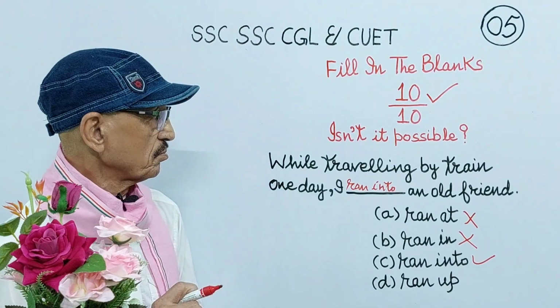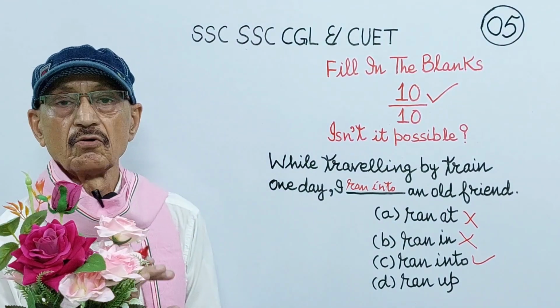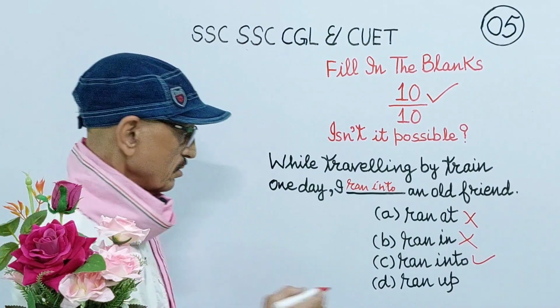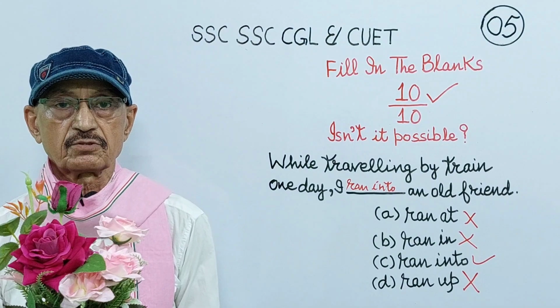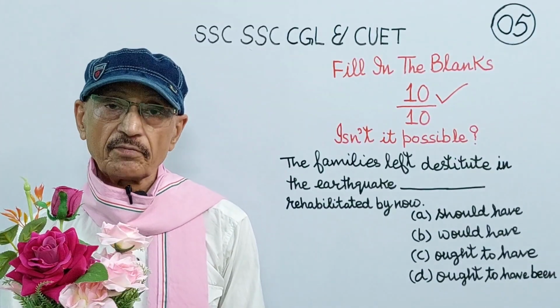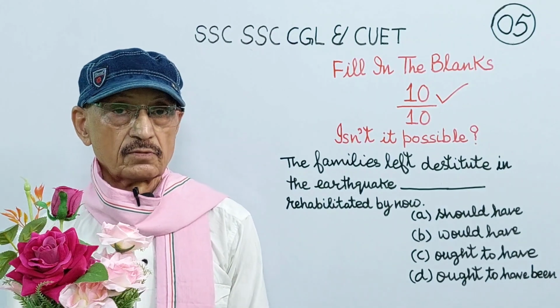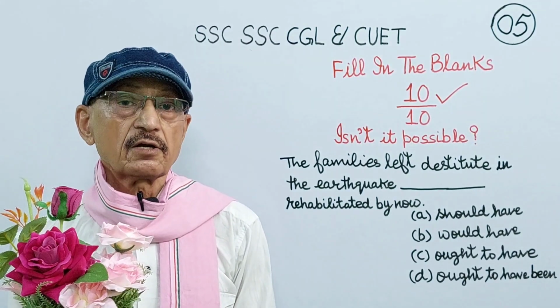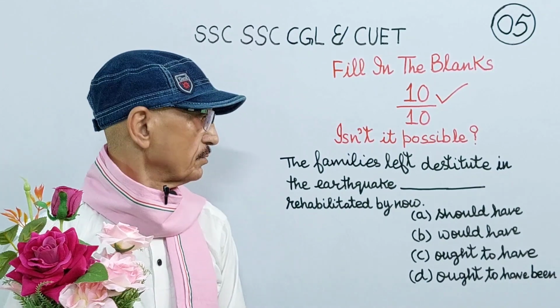While traveling by train one day, I ran into an old friend. So ran up is also incorrect. The families left destitute. Destitute का मीनिंग है suffering, extreme poverty.